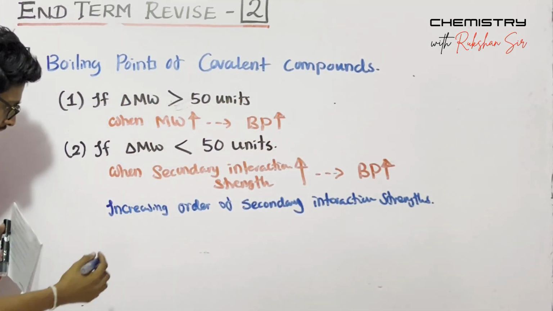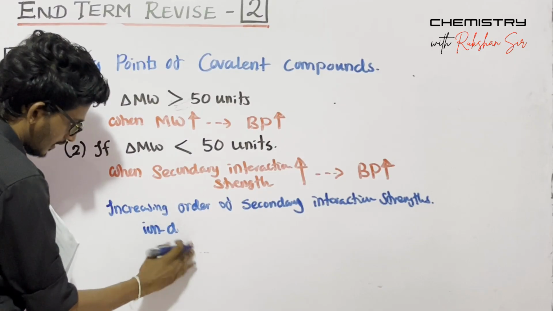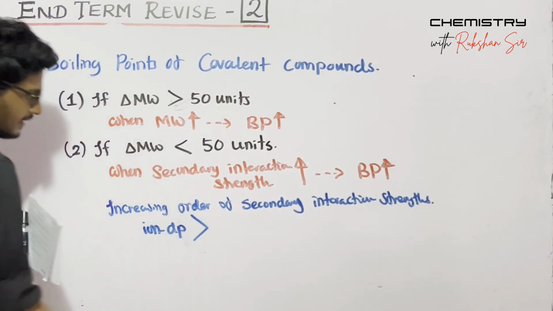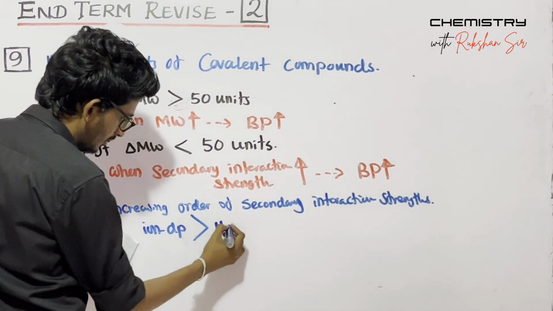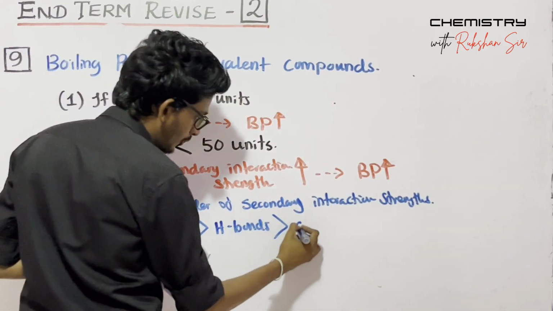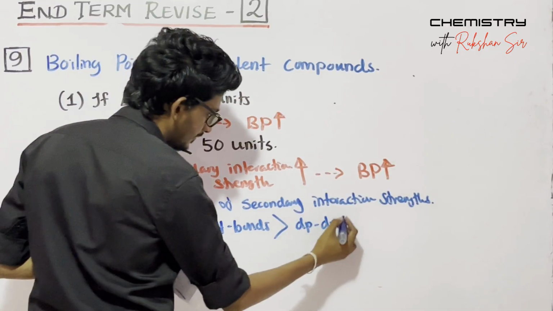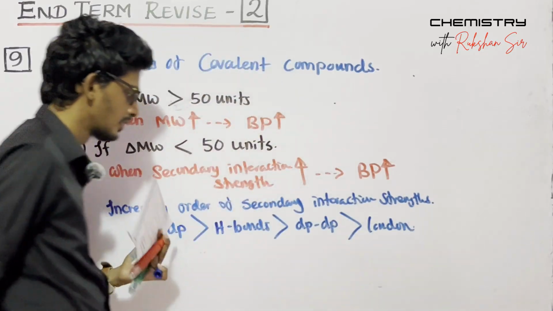It varies like this: ion-dipole interactions are the greatest among the secondary interactions, then hydrogen bonds, then dipole interactions other than hydrogen bonds, and finally London forces.